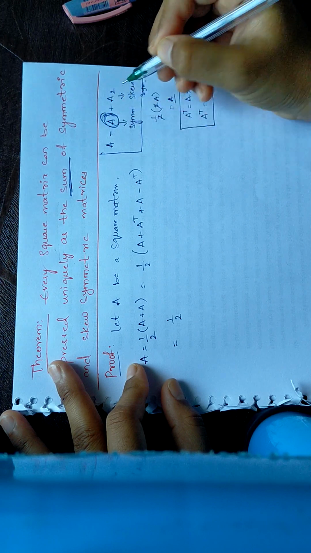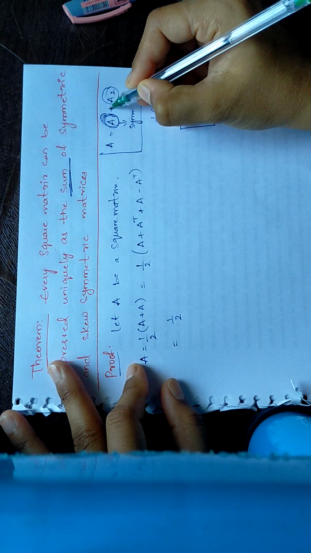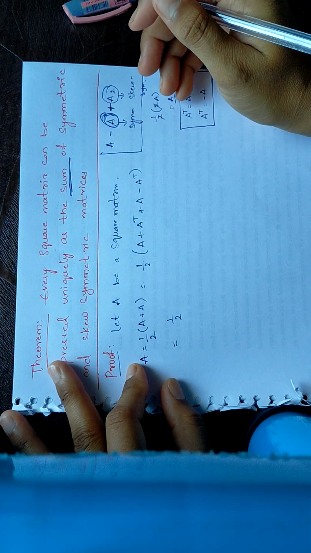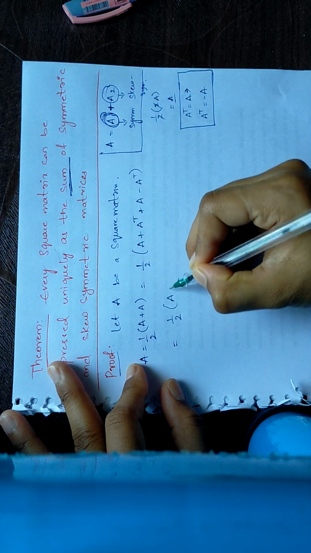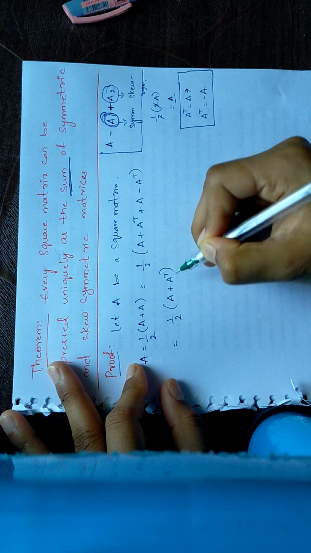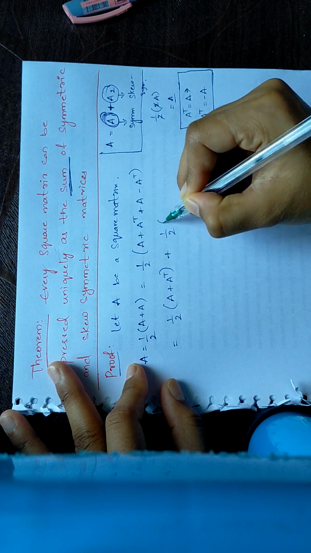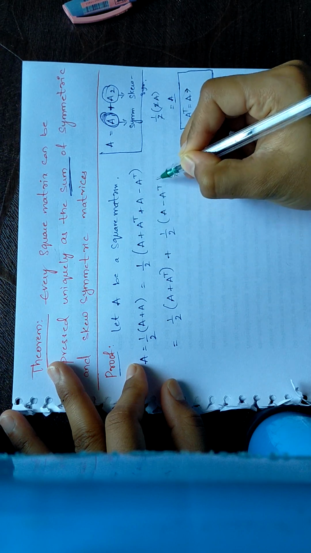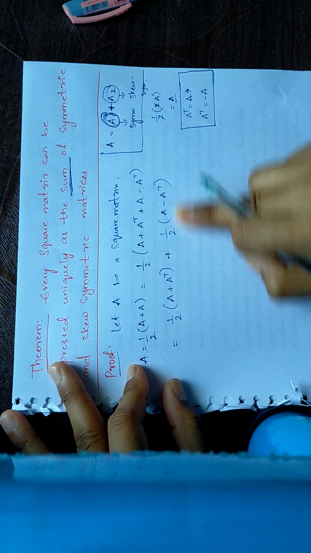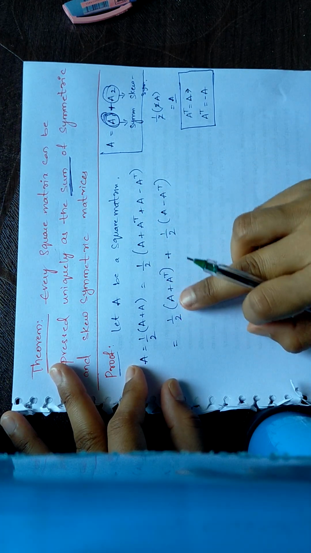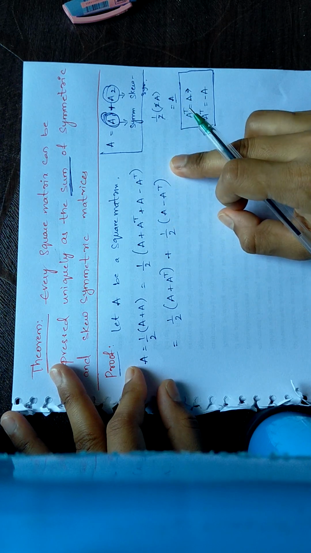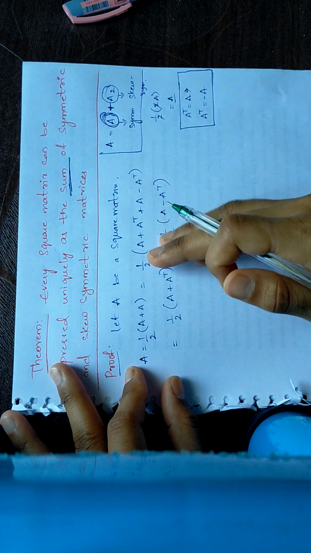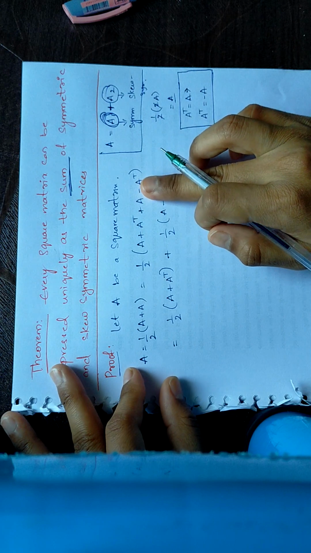We have to get one matrix here and one there, separated by a plus. So I'll take half of (A plus A transpose) plus half of (A minus A transpose). If you solve this again, half A plus half A transpose plus half A minus half A transpose, and if you take half common, you get the same thing.